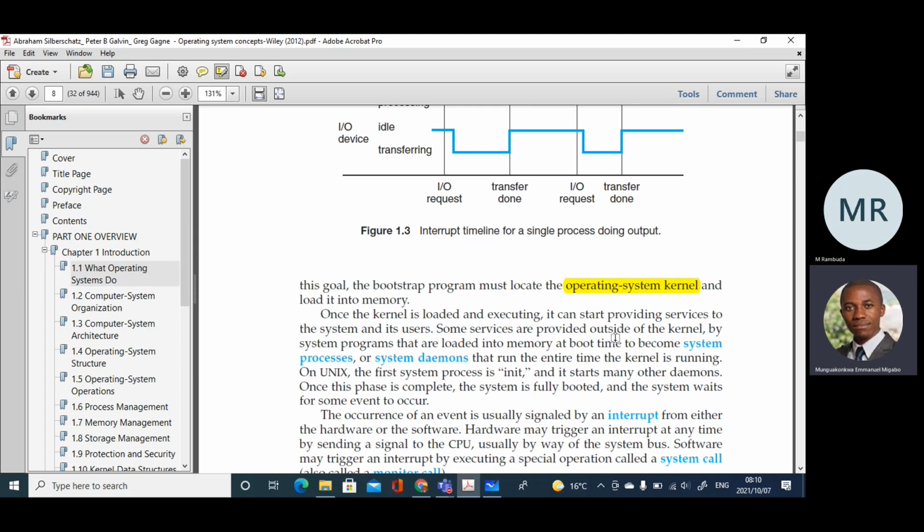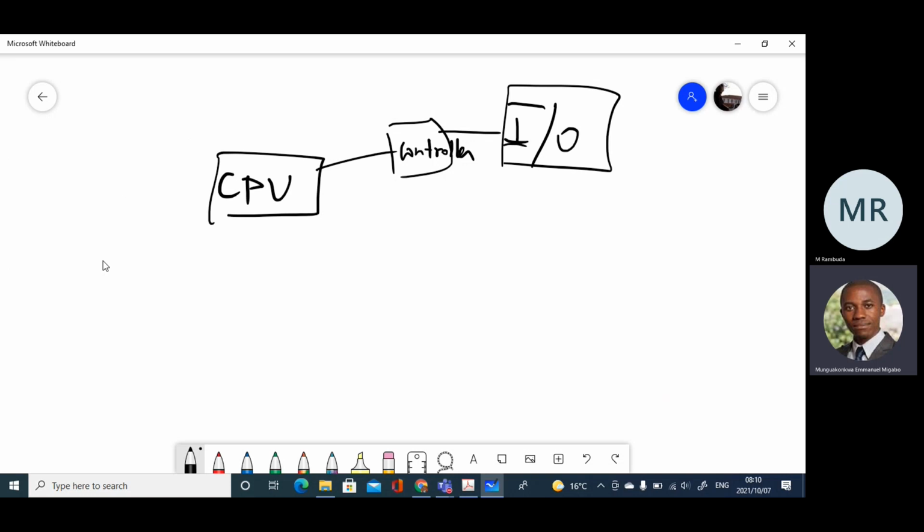Some services are provided outside the kernel by system programs, of course, that are loaded into memory at boot up time to become system processes, or system daemons. I'll explain the daemon and the process, and what the difference is. But first, let's go from a program becoming a process, and a process or a daemon.